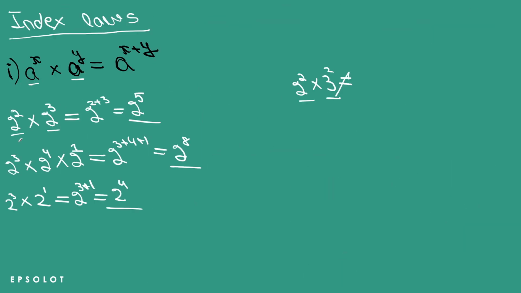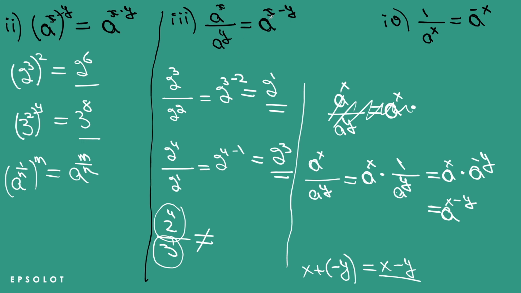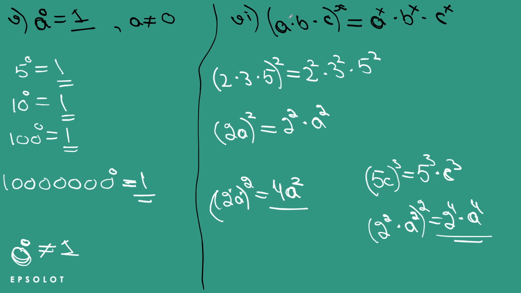Just like we saw in the very first rule, as long as the base is the same, only then can you add them together. If they are being divided by each other, then you can subtract them. But in a case where, for example, in this case, you have three different types of bases, then you cannot add them together. Then you are forced to solve them just like how you normally would in a normal case. And that is all for today.